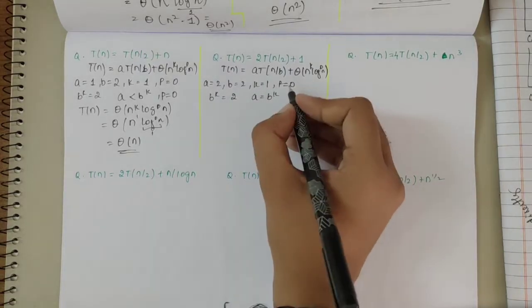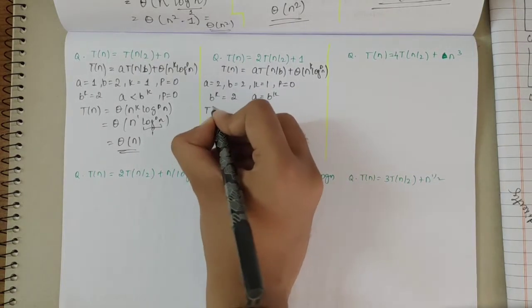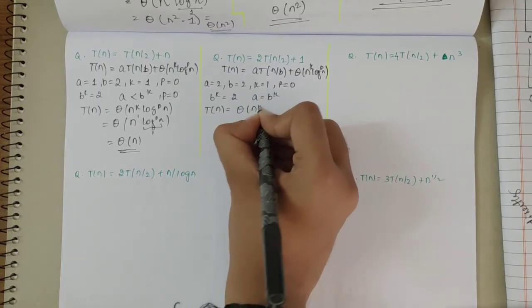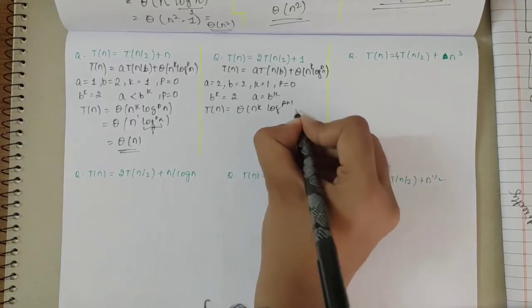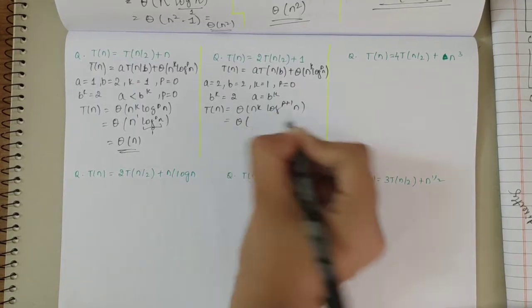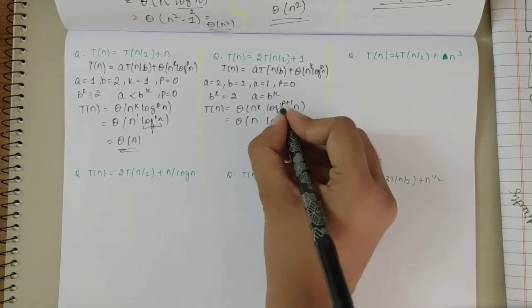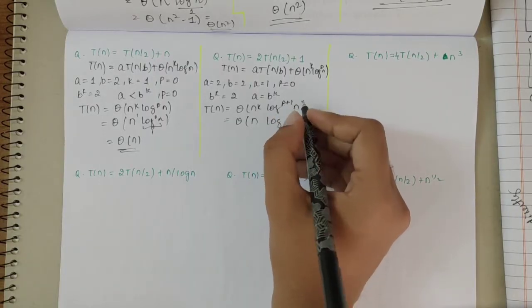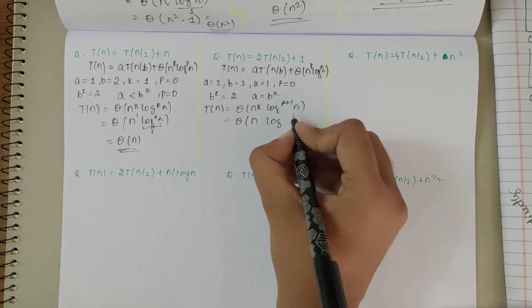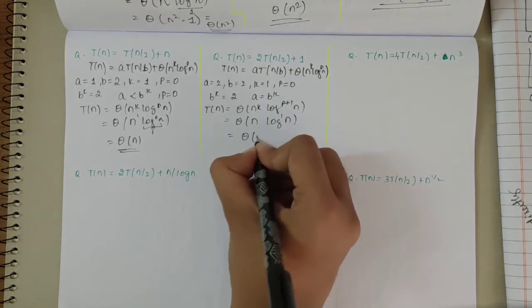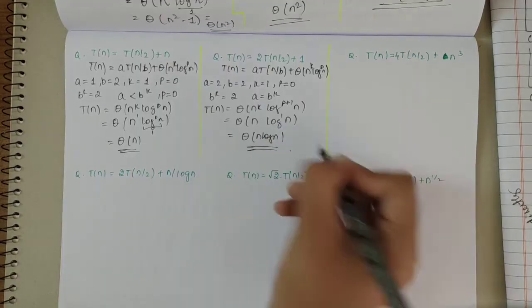That is, p is greater than minus 1. So if p is greater than minus 1, I have the condition T of n is equal to theta of n^k log^(p+1) n. That is theta of n^k, k value is 1, so n, and here log p value was 0, right? So here I have 1, so log n. So it is theta of n log n as the solution.